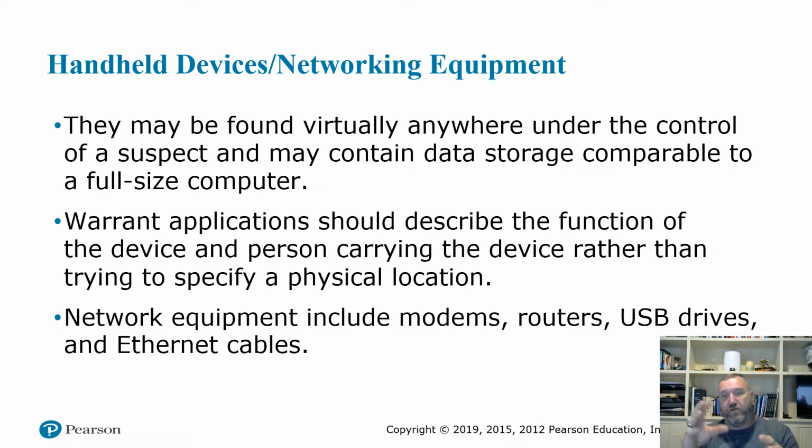When we are getting devices, especially these handheld devices, we're also looking for the things that they connect up to. Everybody knows you connect up to Wi-Fi. When you go into a building, your phone connects up to Wi-Fi. So now the router is a part of a possible crime, so I have a nexus to say, hey, I want the router.